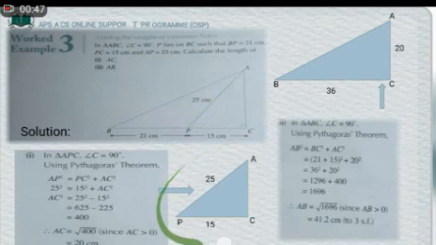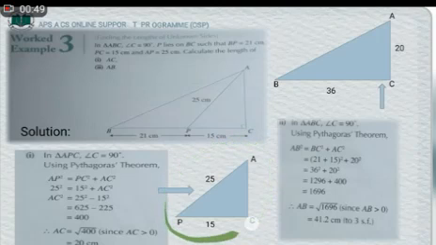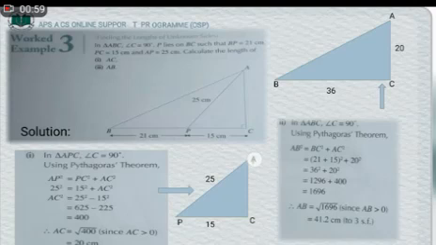So this is the triangle APC. This is a right angle triangle. This is the hypotenuse because it is opposite to the right angle. This is base and this is perpendicular. By using Pythagoras theorem, this is the statement of Pythagoras theorem, using the given values, find the value of AC. So the value of AC is 20 centimeters.